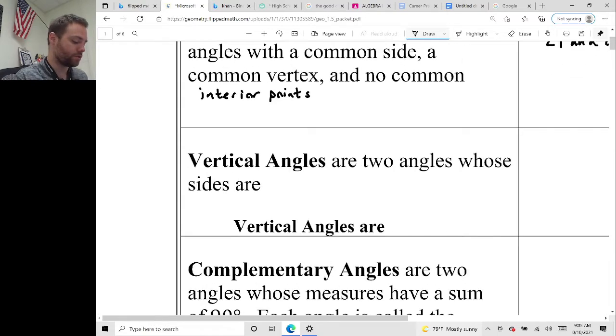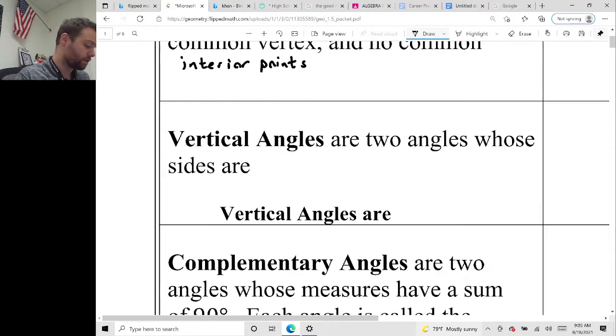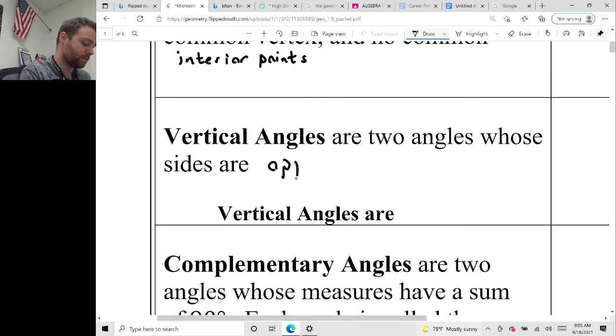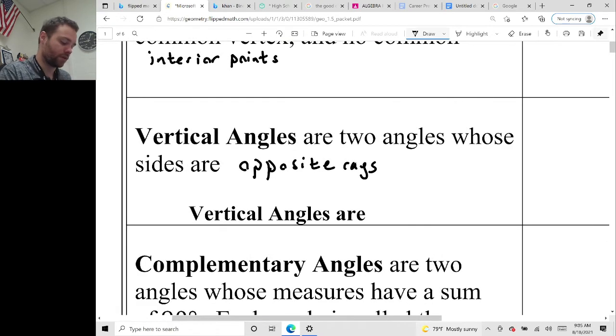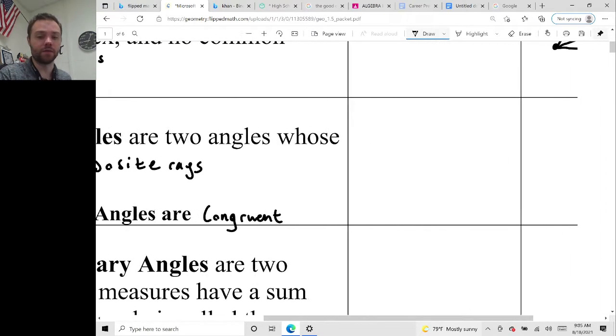Vertical angles are two angles whose sides are opposite rays. And one of the first theorems that we're going to talk about is that vertical angles are congruent. So if you have two vertical angles, they're going to be congruent.